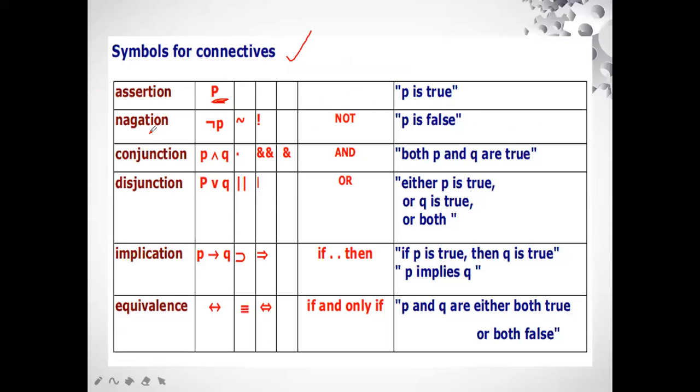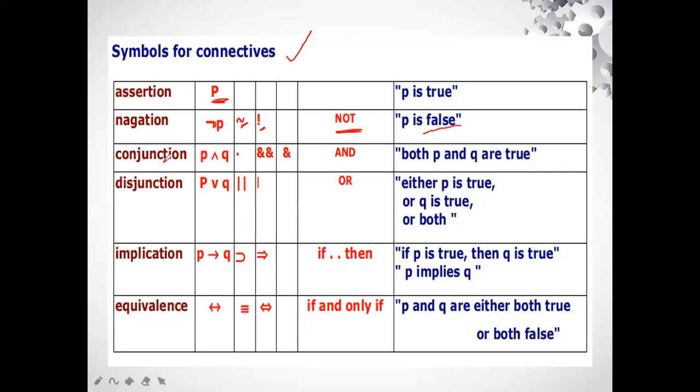Then negation means this symbol and P. In simple form, we call it not. In discrete maths, you must have seen these symbols. Here we are using the negation sign with P. So negation P means P is not true, that means P is false.